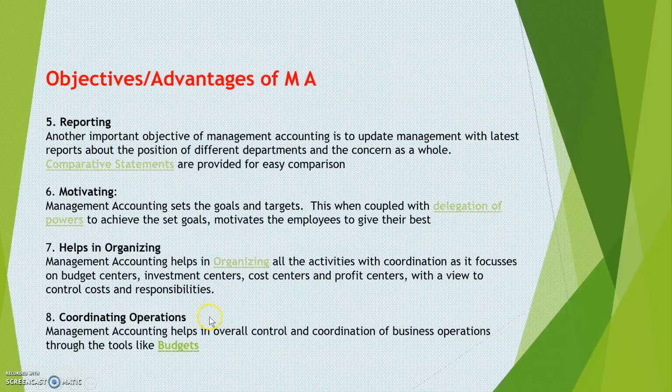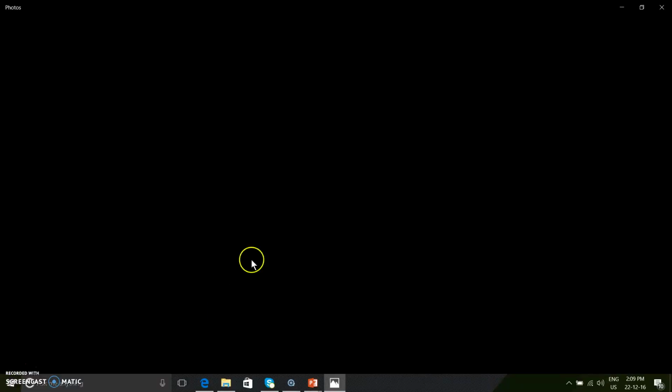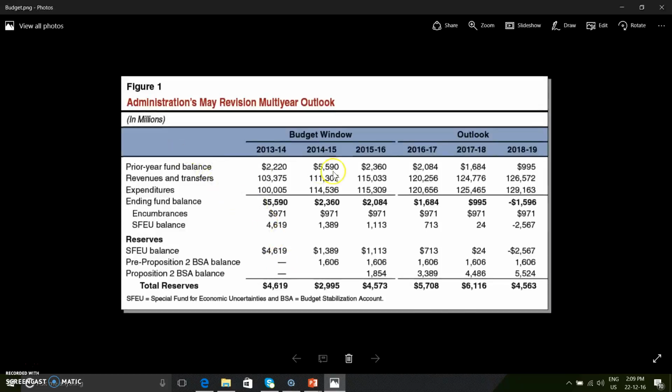Now coordinating operations. So management accounting helps in overall control and coordination of business operations through tools like budgets. Now this is what the budget is. So budget is nothing but the projected income and expenditure for the future period.